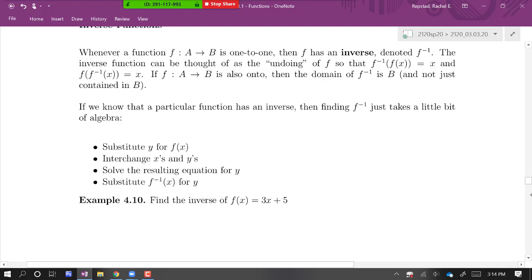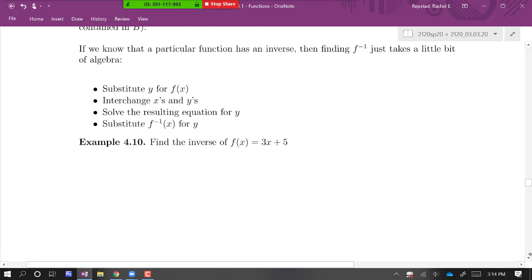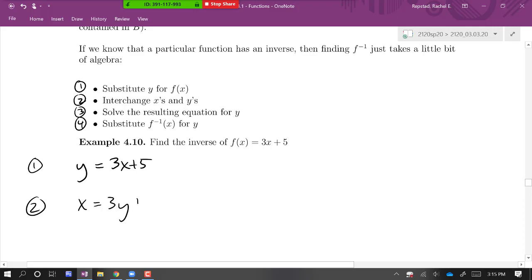So again, we'll take that same linear function, 3x plus 5. There's a pretty simple procedure, depending on what type of function it is and how much algebra we might need to do. Basically, I start with this function, f of x equals 3x plus 5. First, I just write y instead of f of x. So there's step one. Step two, I'm just going to swap x's and y's. So this is going to be x equals 3y plus 5.